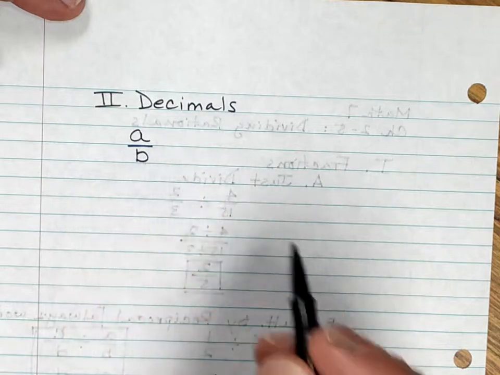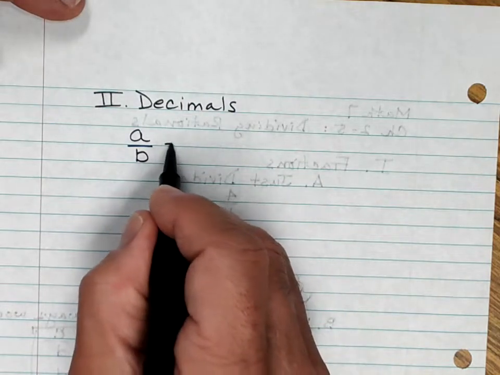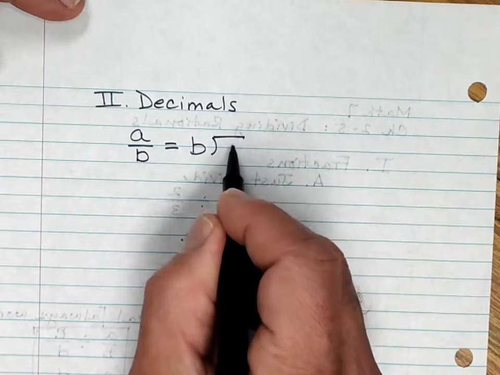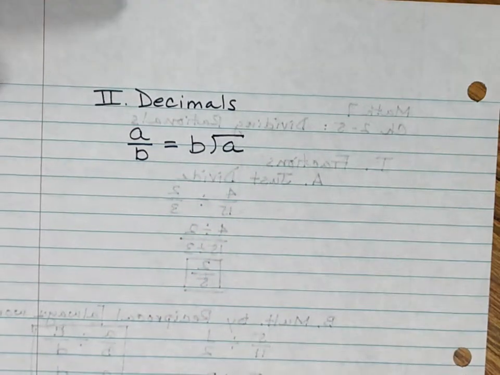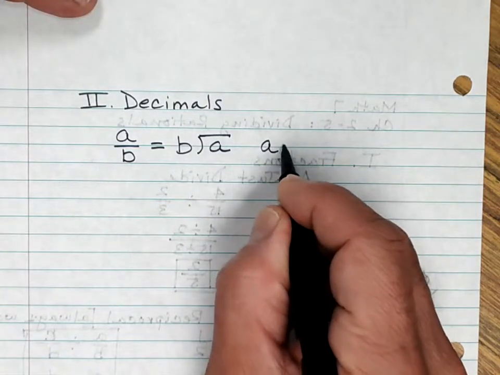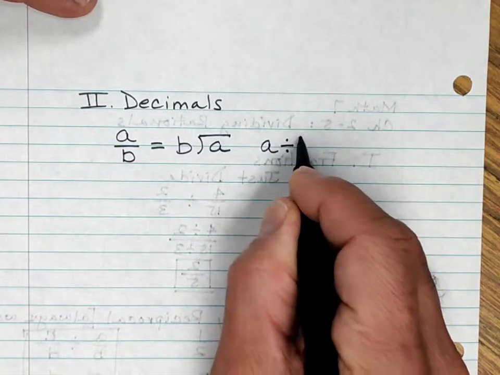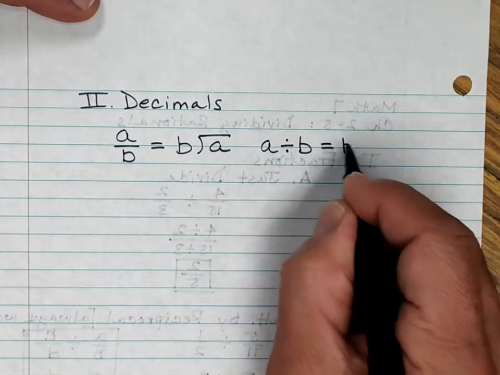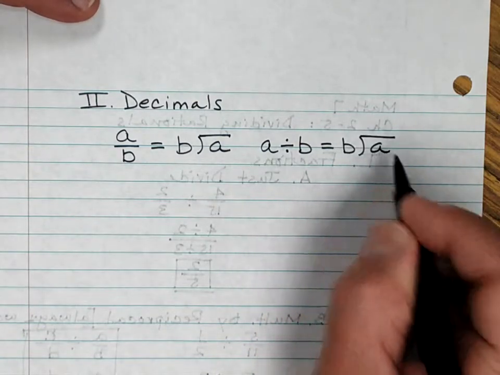Back to A over B. A over B, as a fraction, would look like this in long division. Now if we give it to you in this form, A divided by B, well, that's still going to be the same long division.